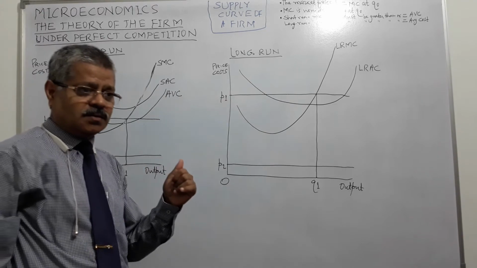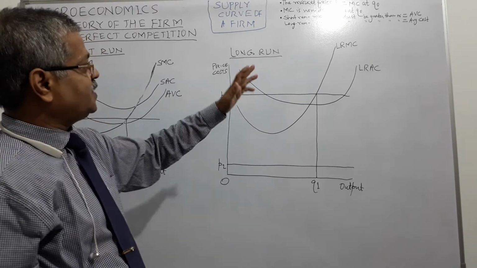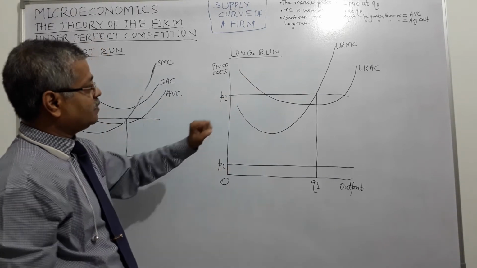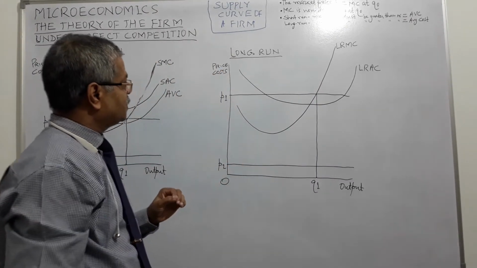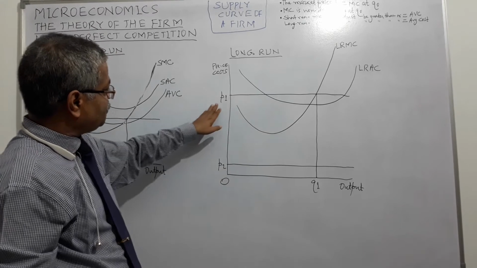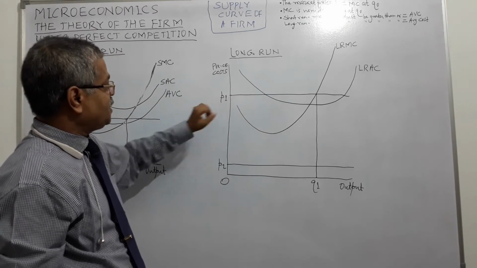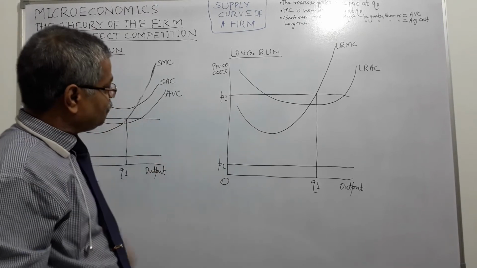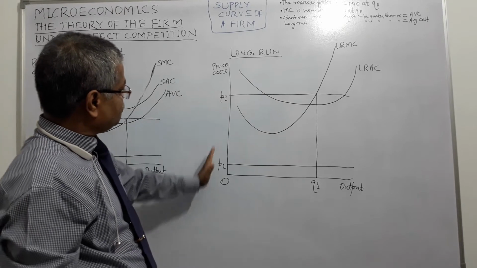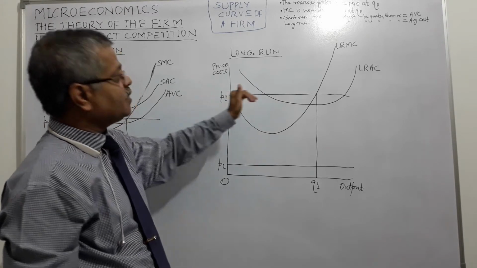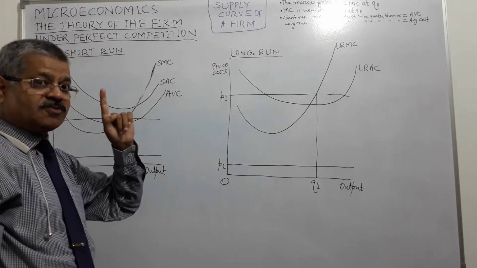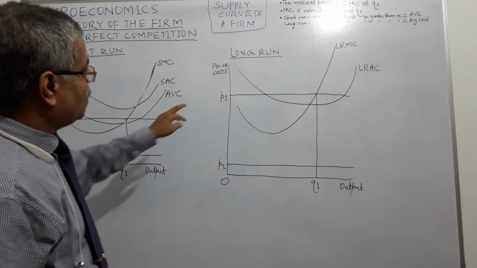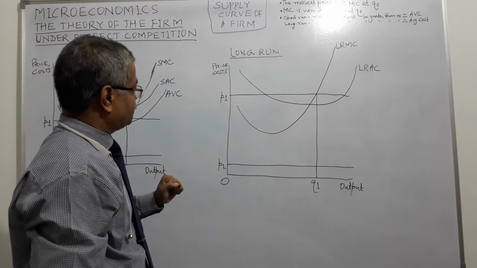In the long run we talk of LRAC and LRMC. Long run average cost, long run marginal cost, right? So here also we presume price P1, and we equate this P1 at the LRMC curve, because we need to equate with the long run marginal cost curve.